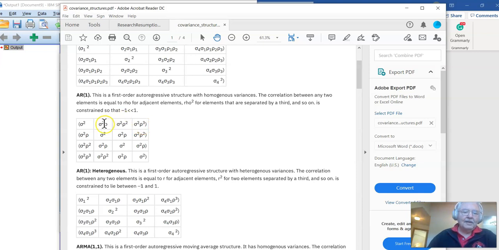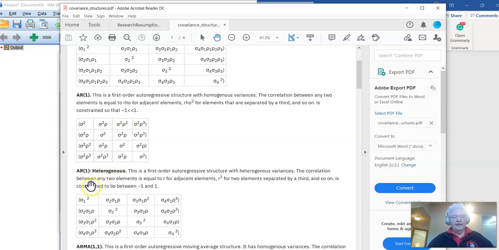So you have 0.6, 0.36, and 0.12 in front of all those, times the standard common variance. And so the correlations are a little less as you go down here.